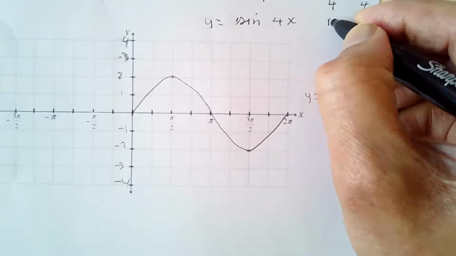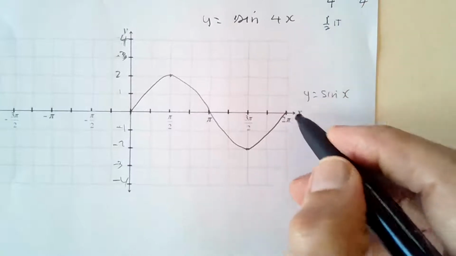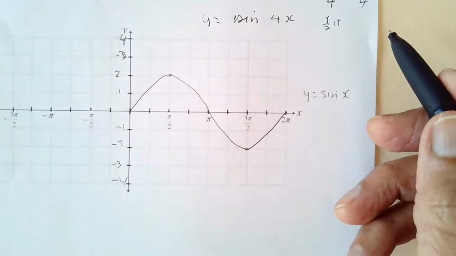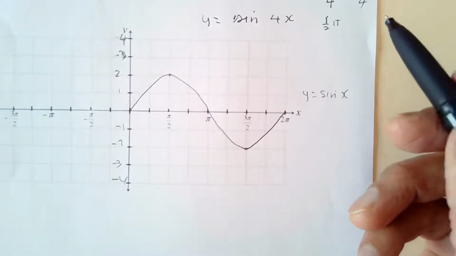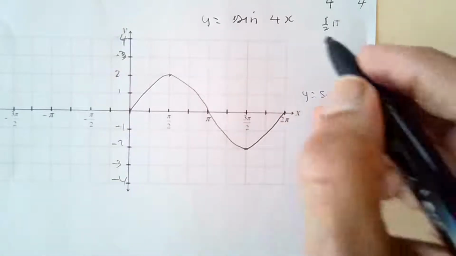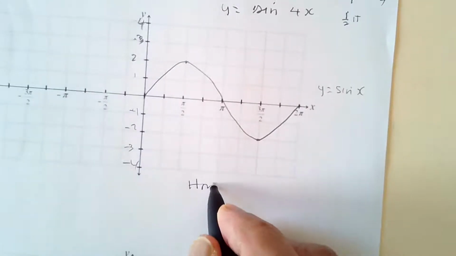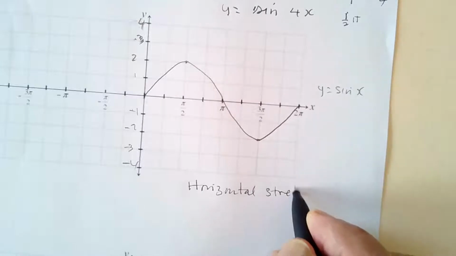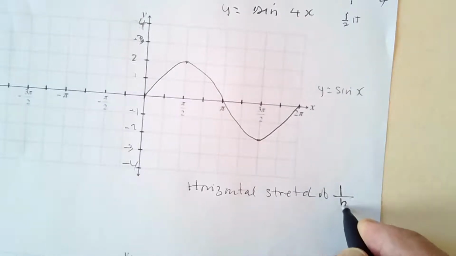So half a pi is the period. Rather than this period here being 2 pi, it's half a pi. Okay. In other words, we'll have a horizontal stretch of a quarter. So we have a horizontal stretch of 1 over b.